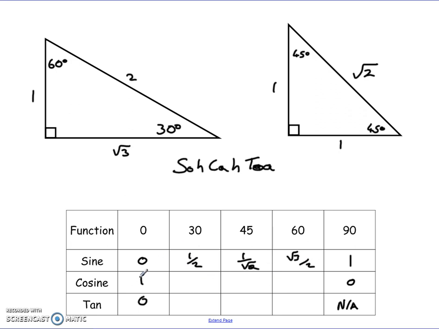For cos, same idea, except I just have to remember I'm using the k part of my relationship, so it's adjacent over hypotenuse. So for 30 degrees, I would end up getting root 3 over 2. For 60 degrees, I'd end up getting 1 over 2. And for my tan, for my 45, I would actually end up with 1 over root 2 again.